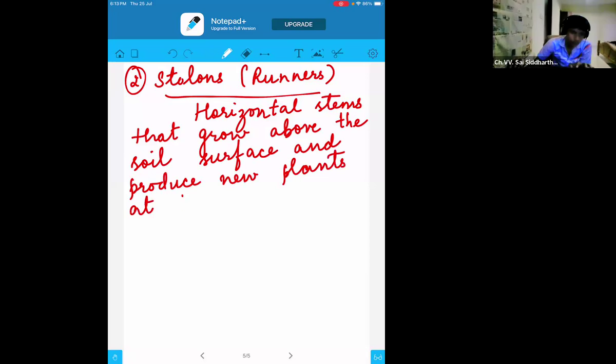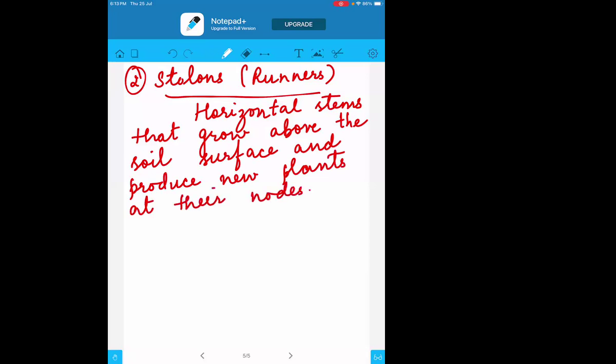Now, in the case of the rhizome, they were growing horizontally and underground, whereas in the case of the stolons or runners, they are growing above the ground, but they are also horizontal. They are not vertical stems. And for them also, the new plant will be growing at the node position.